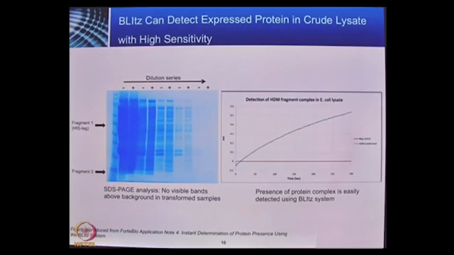The His-tagged proteins, if they are present in the sample, will bind to the anti-His biosensor and generate a binding curve. So by looking at the generation of the binding curve, we can tell whether the protein of interest is expressed in the E. coli or not.